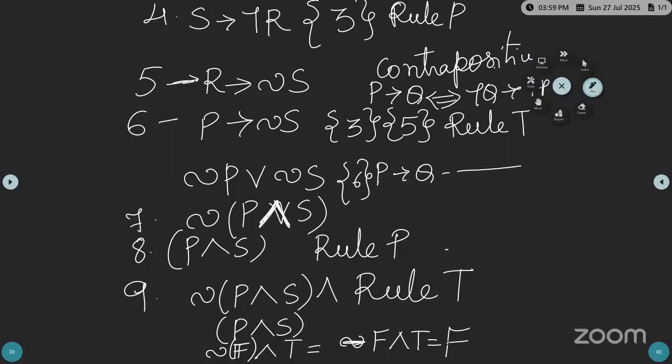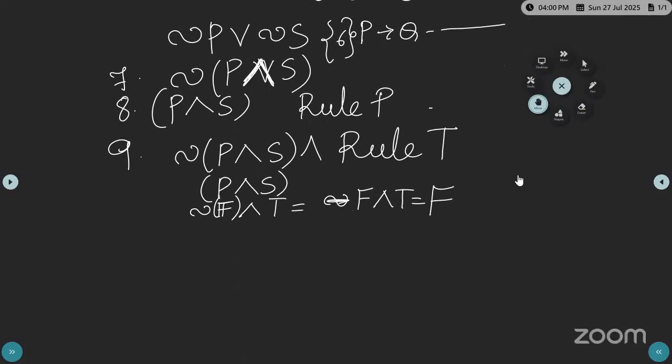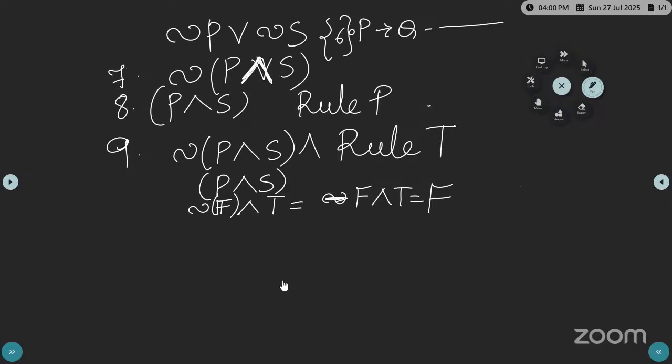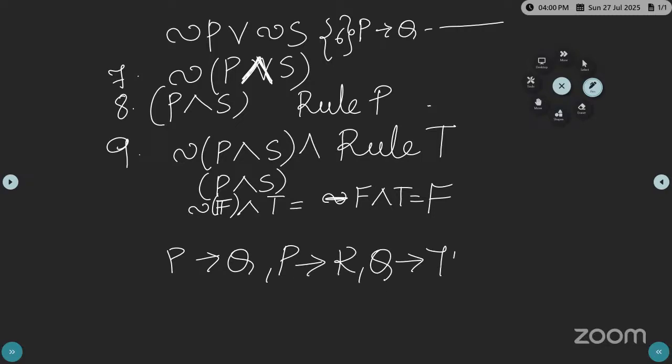After that, just note down one question. You have to do it on your own. I'll give you a question, take it down and do it without using a table, like this only. Just take down this question and go. P implies Q, comma, P implies R, comma, Q implies negation R, comma, P is inconsistent.